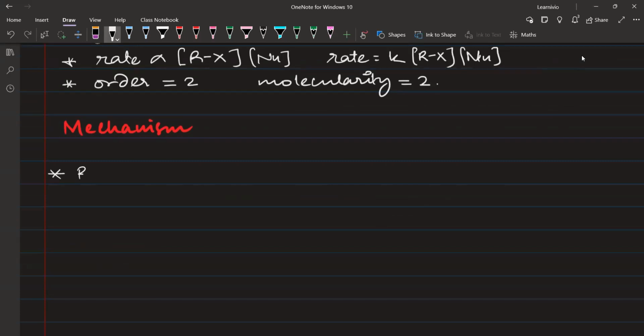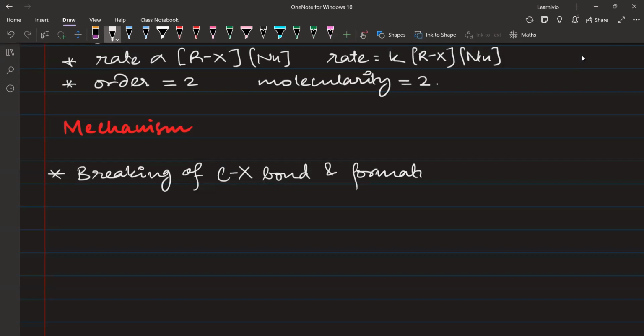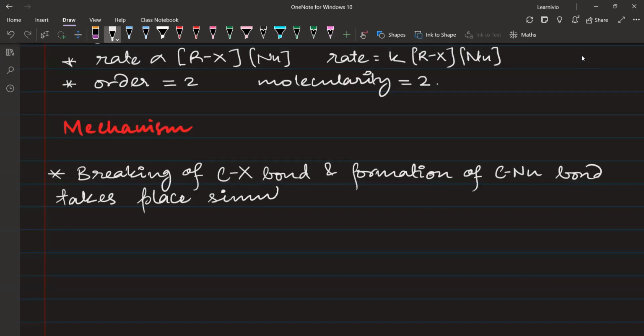The breaking of CX bond and formation of C-Nu bond takes place simultaneously.